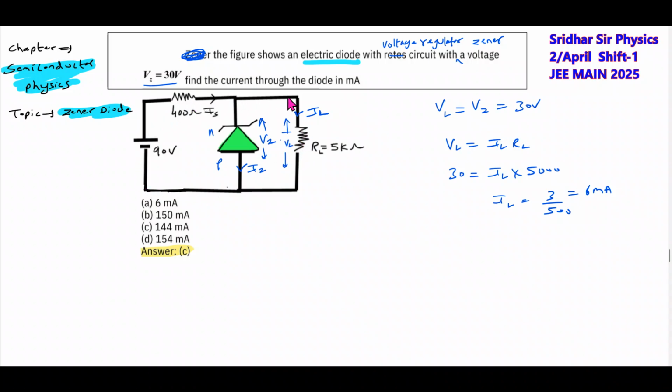Okay, agreed. We'll write the loop equation here. 90 minus 400 Is minus VL equal to 0. VL equal to Vz, which is equal to 30.